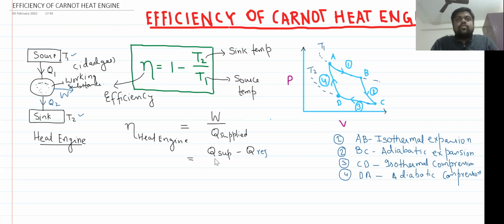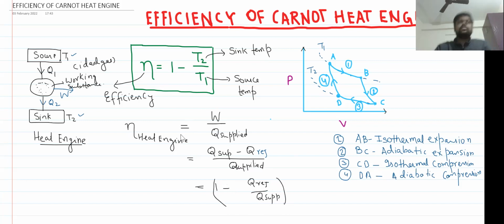So by heat supplied, the final relation we got is, for any heat engine, you can write 1 minus Q rejected by Q supplied. This is the efficiency for any heat engine.